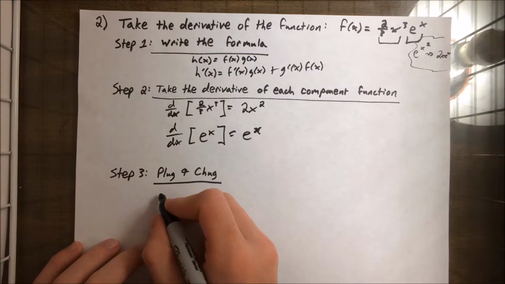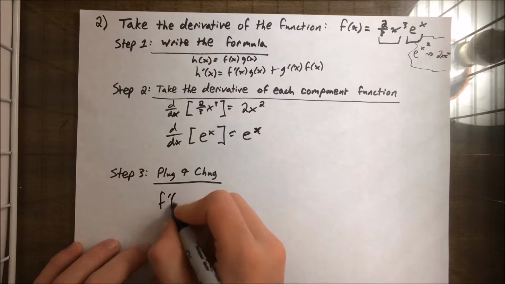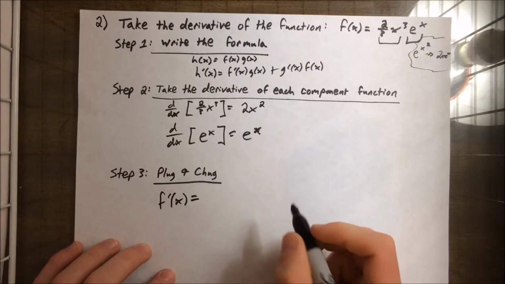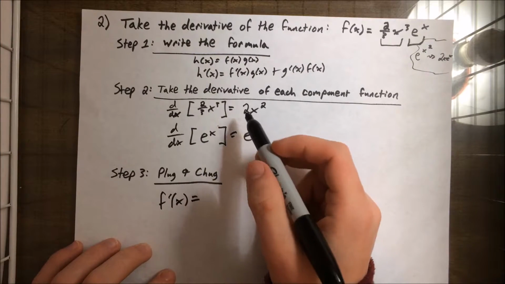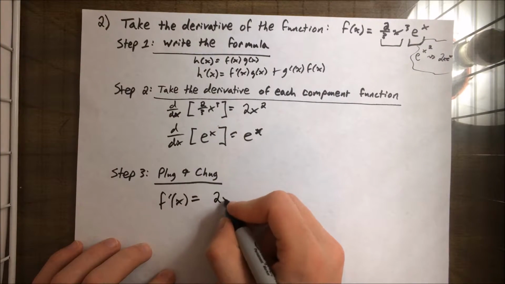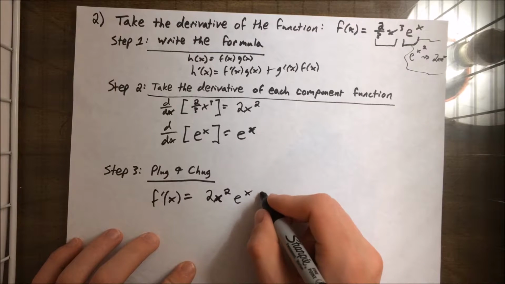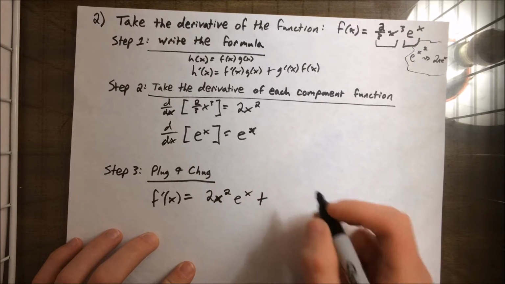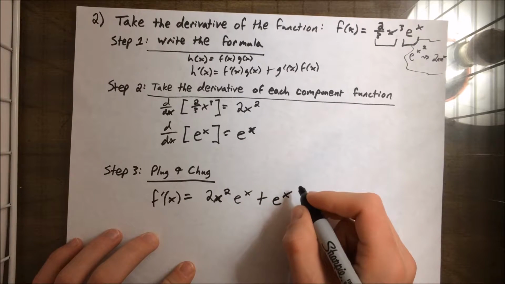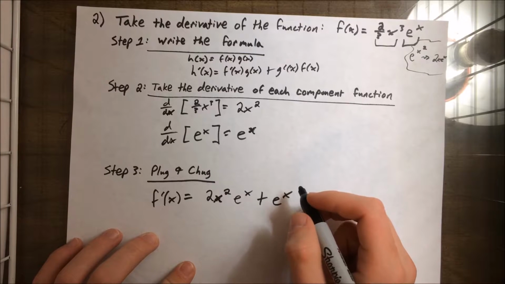So f prime of x is equal to, first, derivative of the first is 2x squared times the second, e to the x, plus the second, derivative of the second times the first.